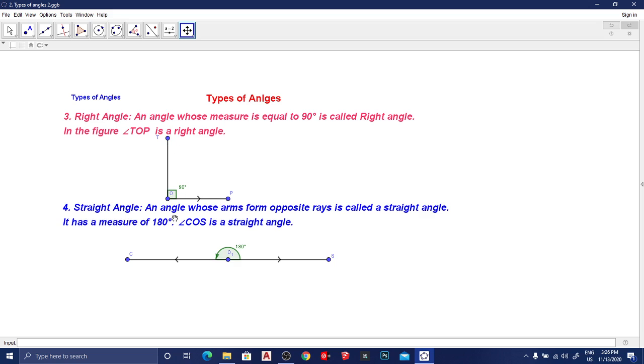Next, an angle whose arms form opposite rays is called a straight angle. It has a measure of 180 degrees. Therefore, angle COS is a straight angle. Okay.